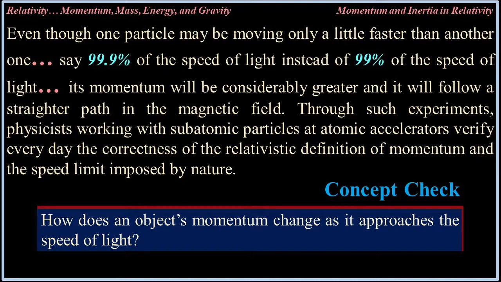Through such experiments, physicists working with subatomic particles at atomic accelerators verify every day the correctness of the relativistic definition of momentum and the speed limit imposed by nature. Concept check. How does an object's momentum change as it approaches the speed of light?